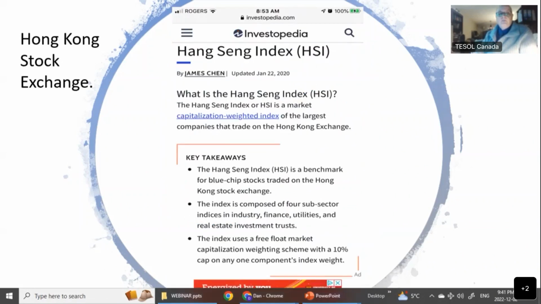In Hong Kong, the Hong Kong Stock Exchange is called the Hang Seng Index. And it's again looking at blue chip stocks traded on the Hong Kong Stock Exchange. The index is composed of 4 subsector indices in industry, finance, utilities, and real estate investment trusts. The index uses a free float market capitalization weighting scheme with a 10% cap on any one component's index weight.